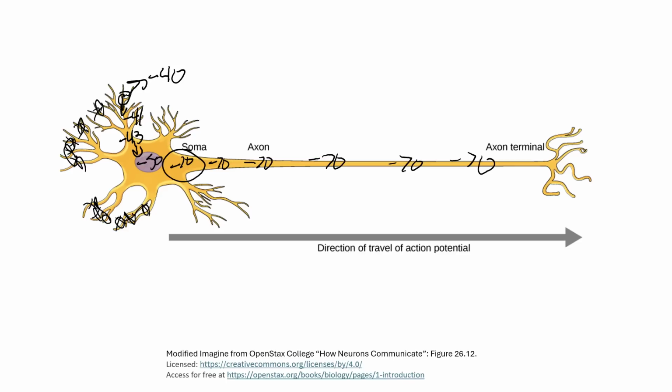Or we could say dendritic plasma membranes, because that's where the ligand-gated channels are embedded. And that's going to allow for what? Sodium to come in to all of these different regions and depolarize all of those different dendritic regions internally, right?